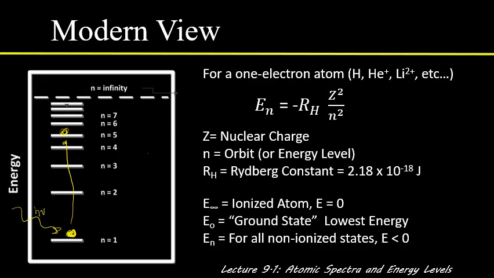All right. Now, there's an interesting thing about the way these energy levels are defined, and it has to do with this negative sign right here in the equation. These energy levels are defined in such a way that if the electron and the atom get so far apart from one another that they're no longer interacting, we can think of that as ionization.